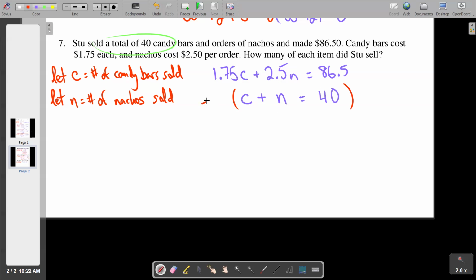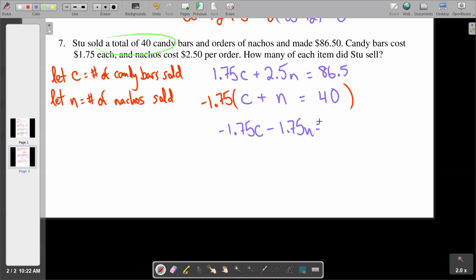So I'm going to take the bottom equation and multiply everything by negative 1.75. I don't need a calculator for the first couple of distributions. I just know that this one is negative 1.75C, and this one is minus 1.75N.